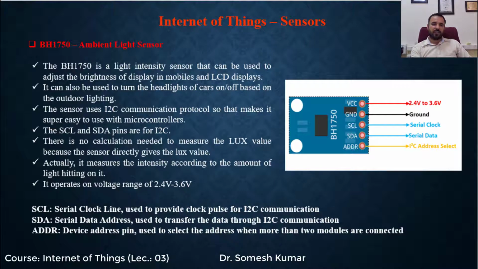It operates on the voltage I already told you, 2.4 volts to 3.6 volts. The address pin is used to select the address when two or more devices are connected. In that case it selects the particular address for that particular device.